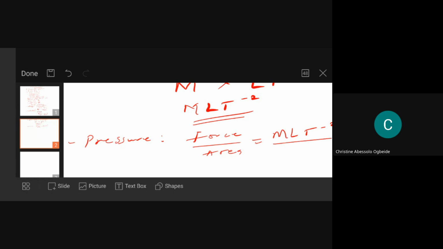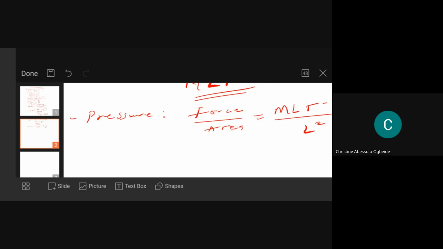Area is simply length times length, which is L raised to power 2. Once this L raised to power 2 comes up to the numerator, it picks up a negative index.